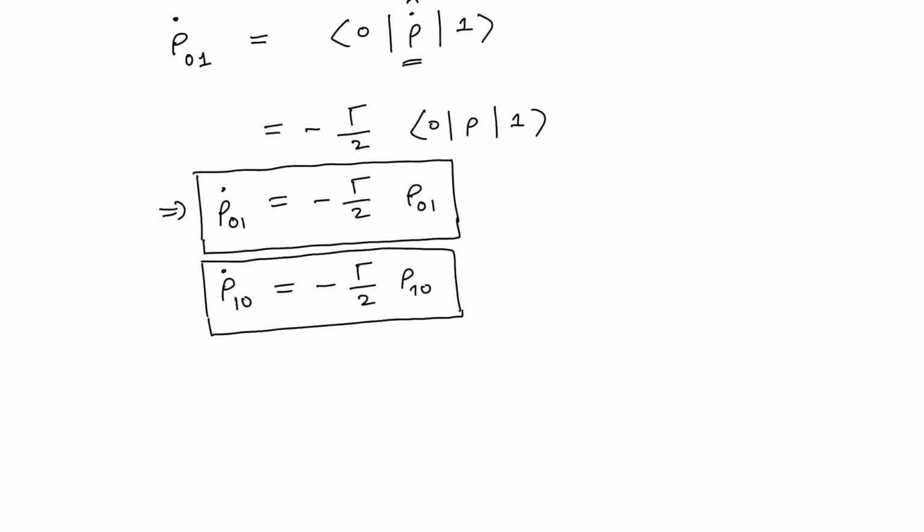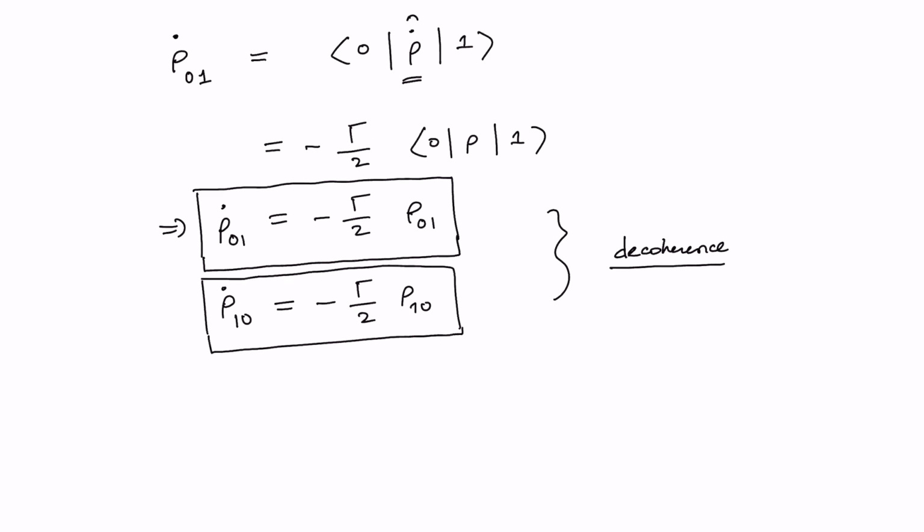This decay of the off-diagonal elements is referred to as the phenomenon of decoherence, because the off-diagonal elements represent the superposition between |0> and |1>. As you can see, the off-diagonal elements decay, which means the superposition is also decaying, and in this particular example of spontaneous emission the decay rate is gamma by 2.